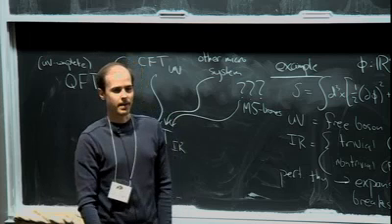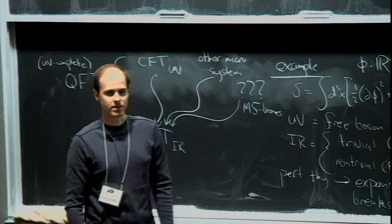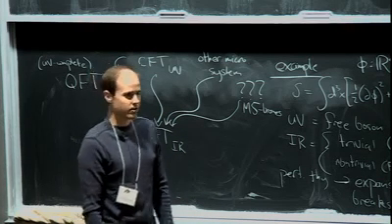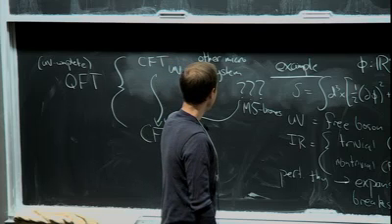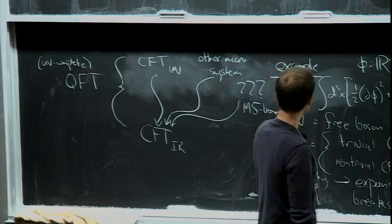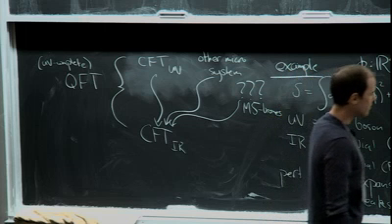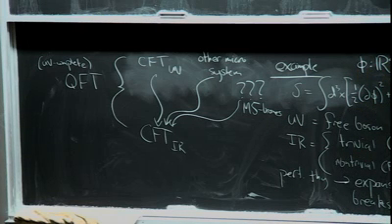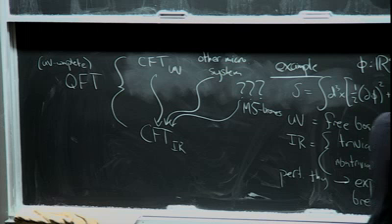We know very little about this theory. We don't really have a microscopic description of M theory. There's no Lagrangian. But by the effective field theory logic, this stack of M5 branes is also described by a CFT at long distances. And if we're only relying on these basic principles, we can actually try to describe that CFT and put constraints on it. And this is an active area of research.